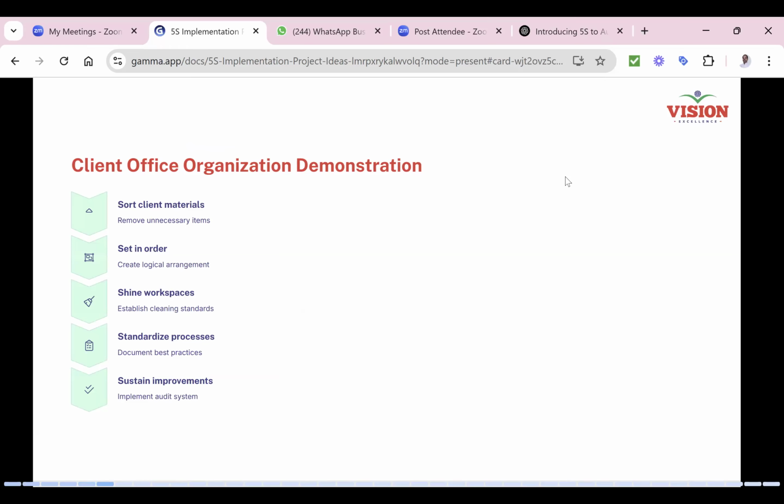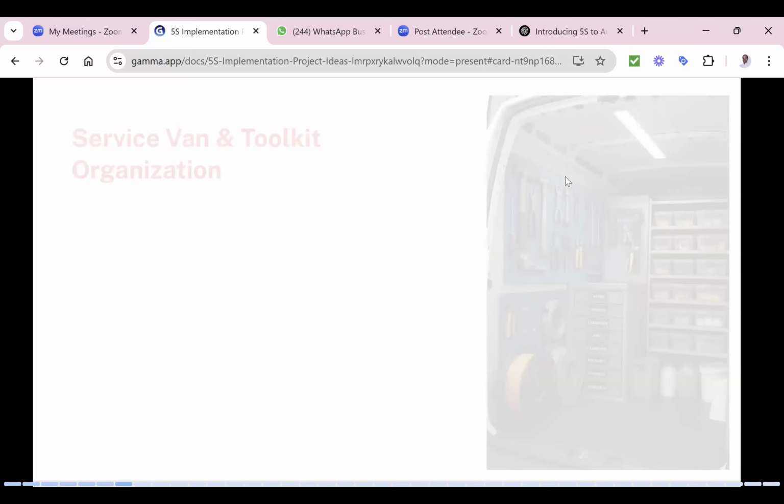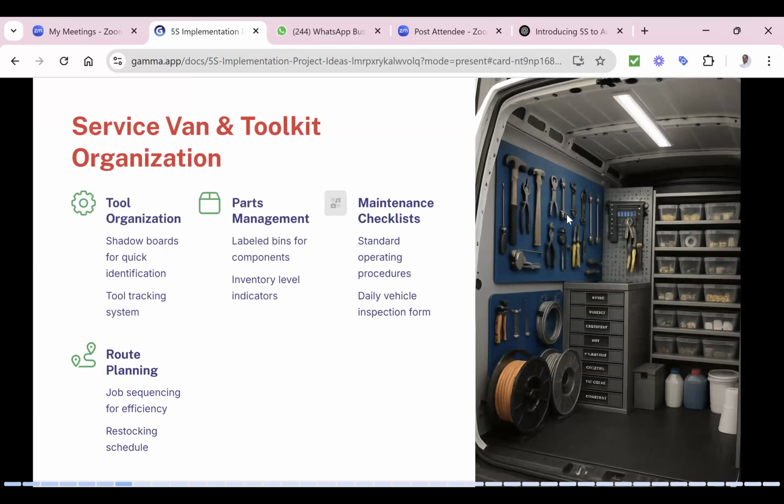Similarly, office organization, and see here a complete tool van, how it is organized. This is a kind of movable van which is used for maintenance related and repair related tasks.